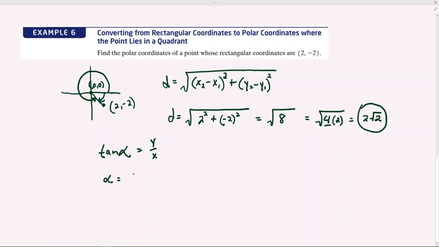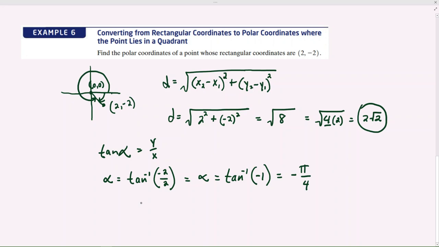So the inverse tangent is going to be: y is negative 2, x is 2. So the angle is the inverse tangent of negative 1. And that equals negative pi over 4.